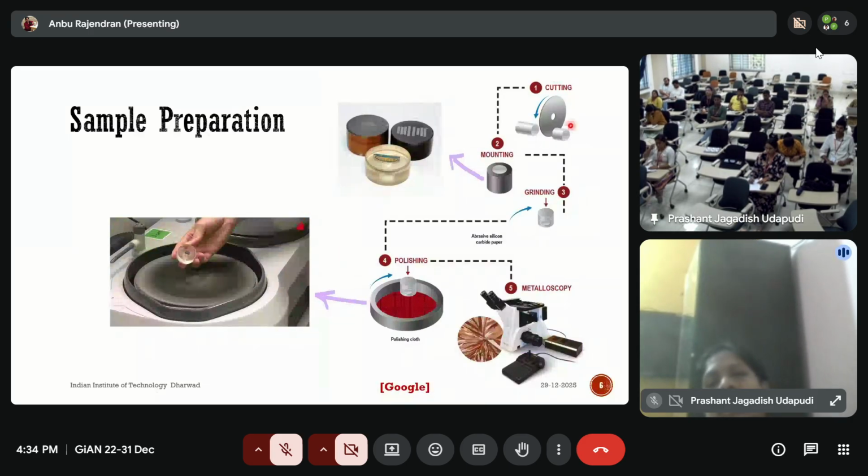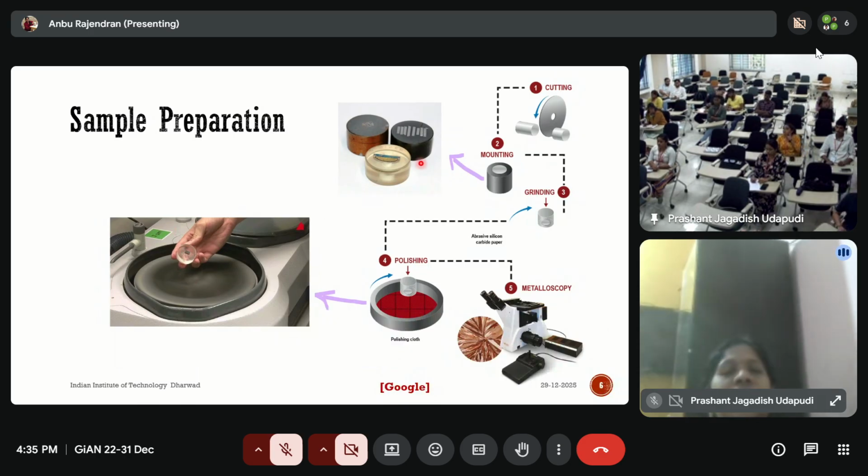If you have a huge sample, it should be cut into a smaller size which can fit into the machine. If the samples are too fine and very difficult to hold during preparation, they can be mounted with the help of some resins. These resins basically hold the samples, and then the whole mold can be used for sample preparation.